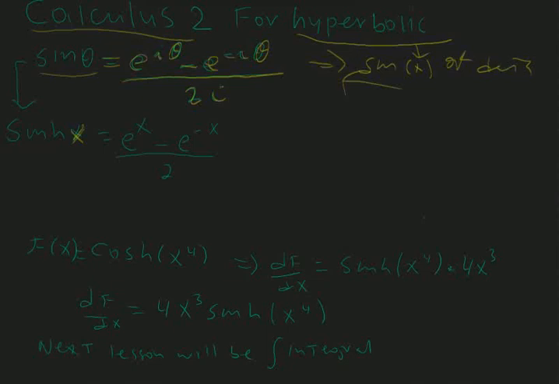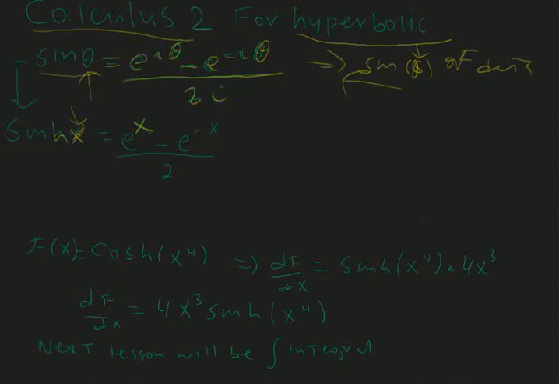If you change the angle, the function of x is going to change. Instead of i times the angle, you use x, so sine hyperbolic. The other one is when you're doing the sine function of an angle.